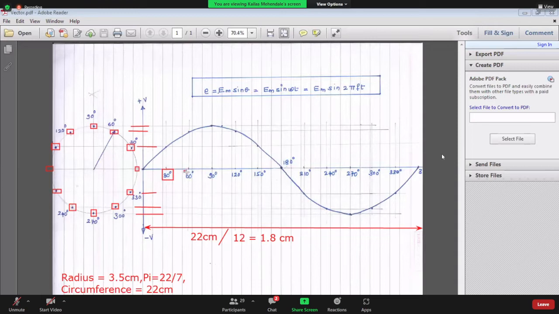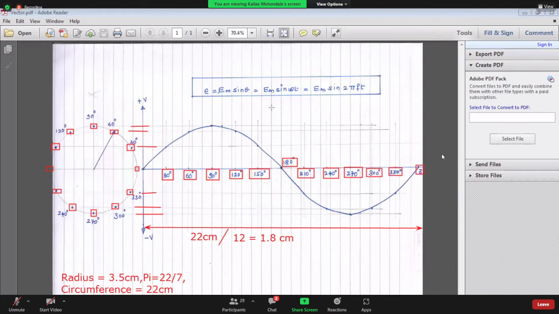When I divided the circumference into 12 equal parts, I have every right to denote them in terms of degrees, even though it is a length. So I got these 12 points on my circumference. Now the next part is extremely simple.